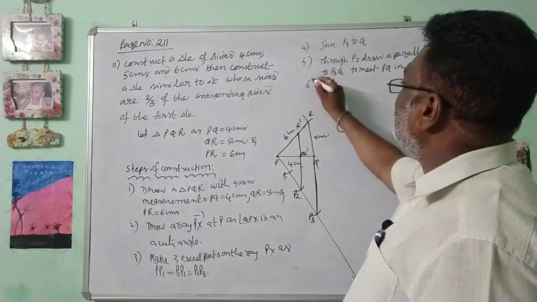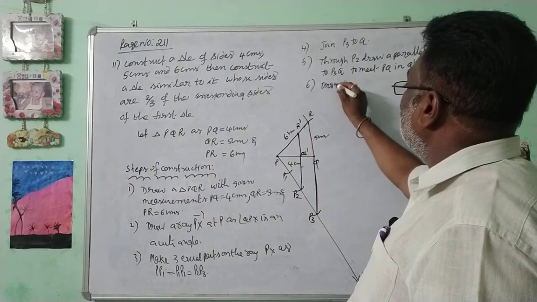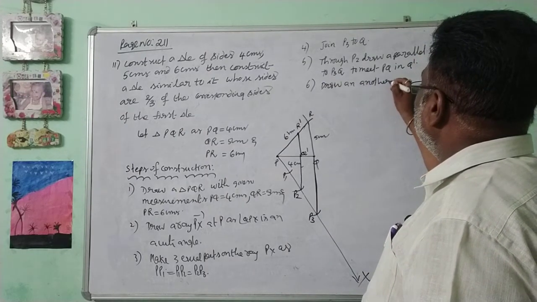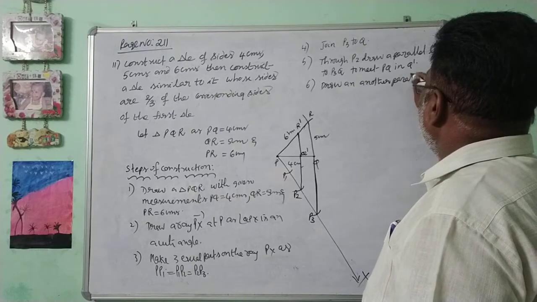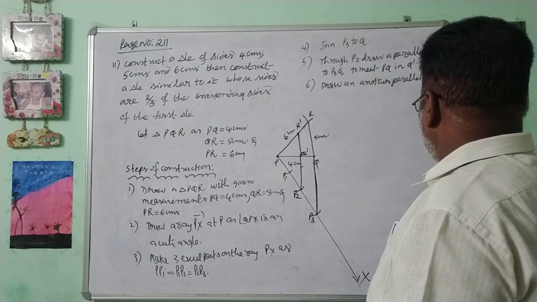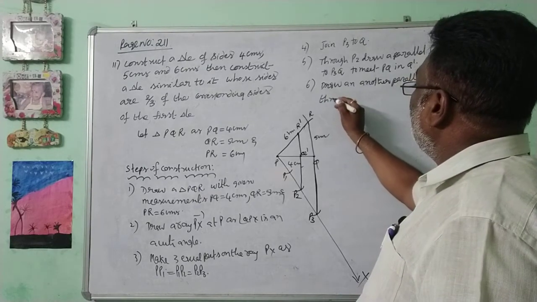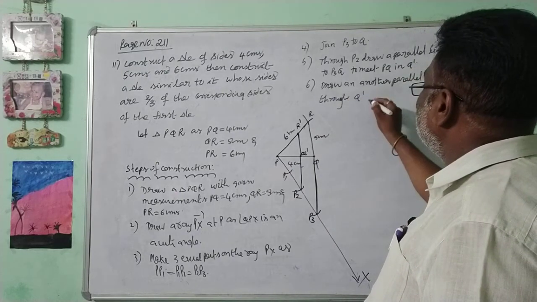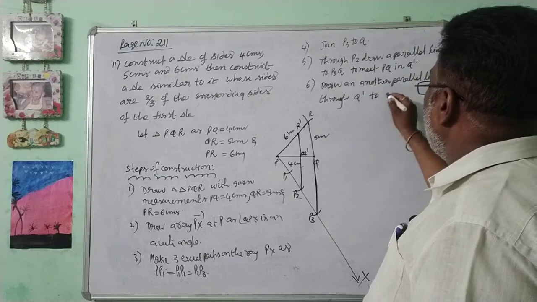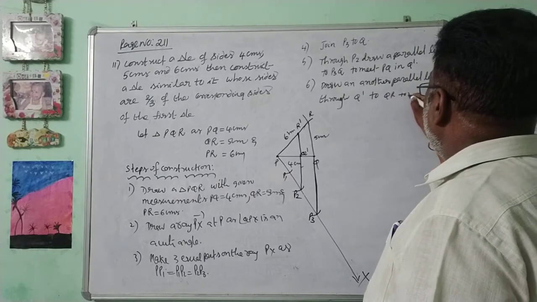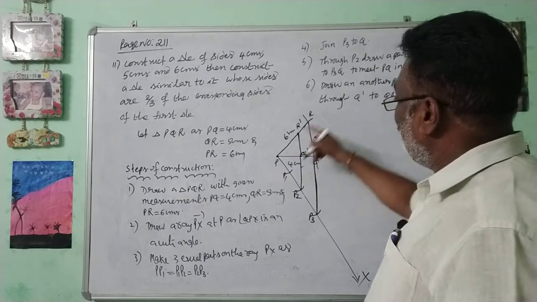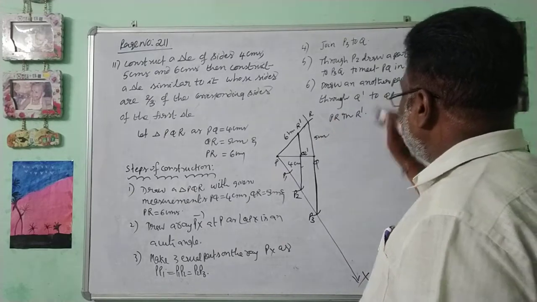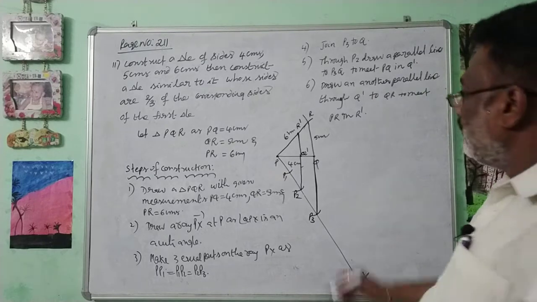Next, after that, sixth one, draw another parallel line through Q dash to QR to meet PR in R dash. That's all.